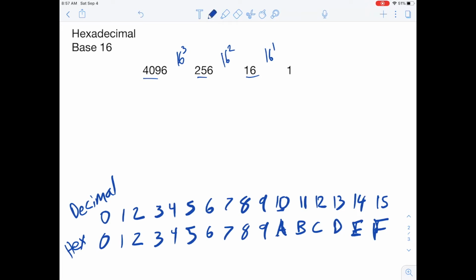And if we were counting with the hex digits, it would be 0, 1, 2, 3, 4, 5, 6, 7, 8, 9, 10, 11, 12, 13, 14, and 15.